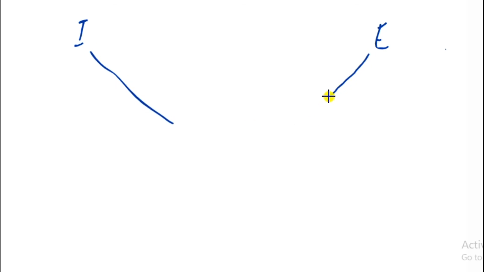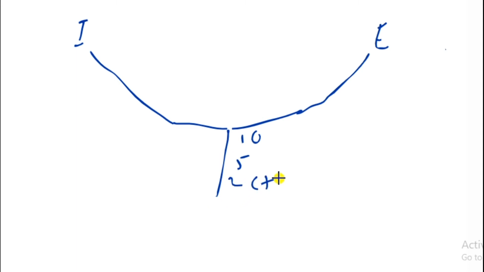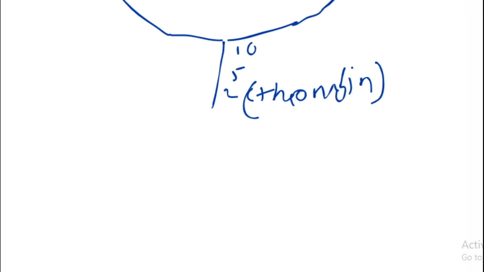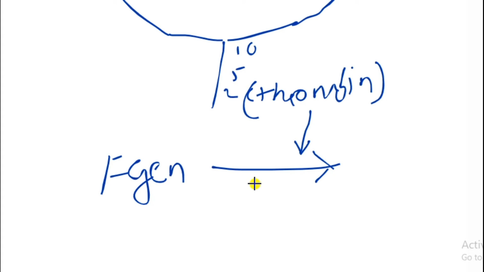The common factors are 10 and 5, then 2, that is thrombin. Thrombin helps the conversion of fibrinogen into fibrin.